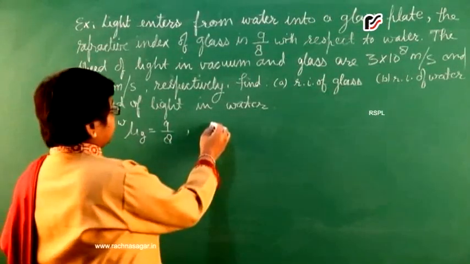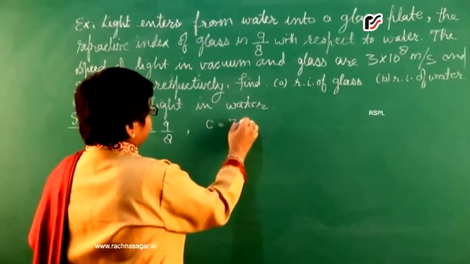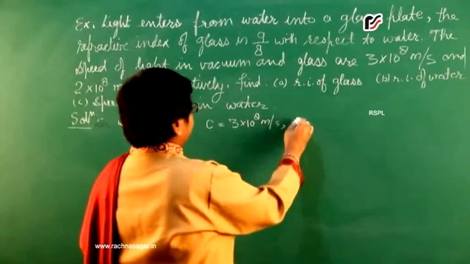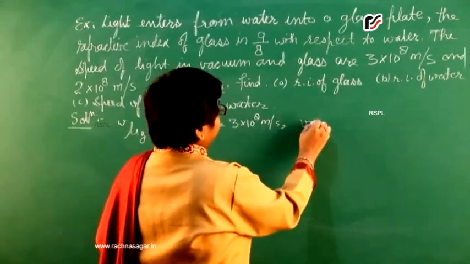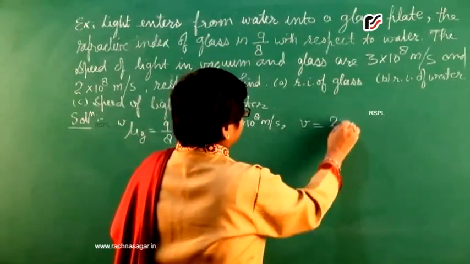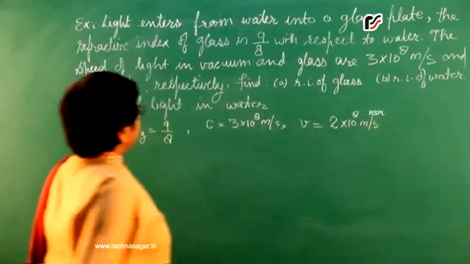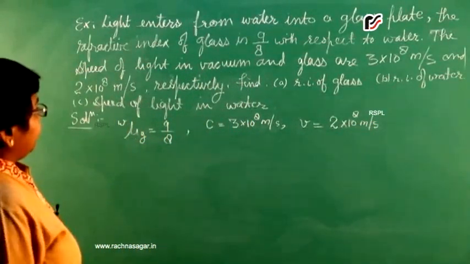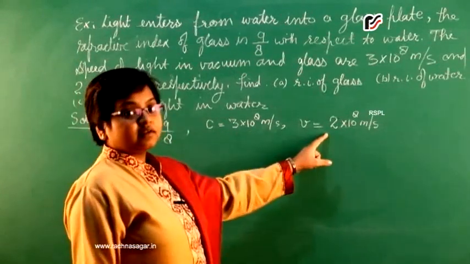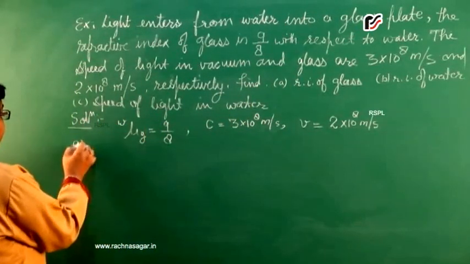Speed of light in vacuum is 3 into 10 to the power 8 and the speed of light in glass is 2 into 10 to the power 8 meter per second. This is the speed of light in vacuum, this is the speed of light in glass. Now take part A.